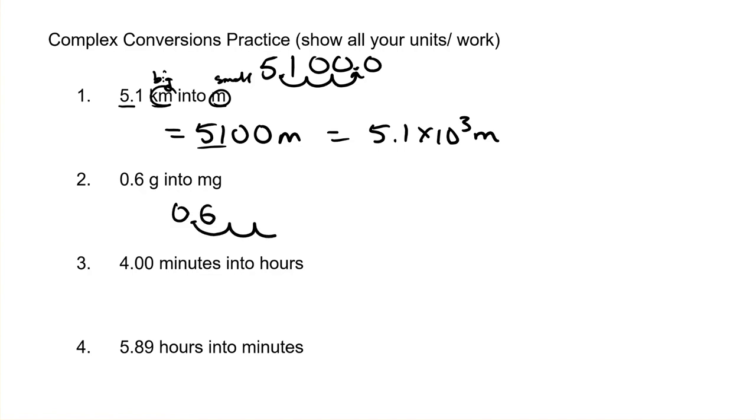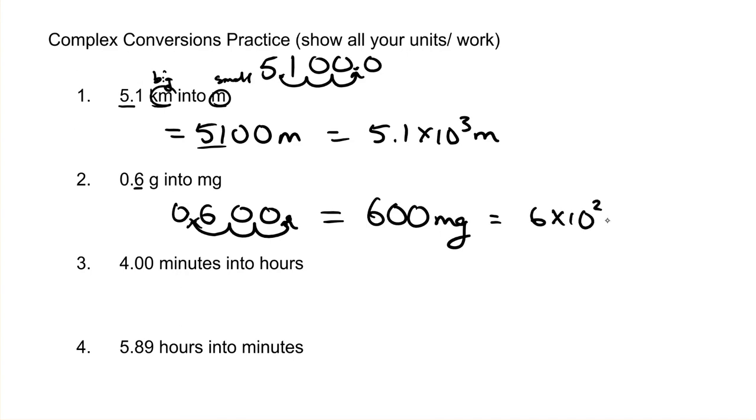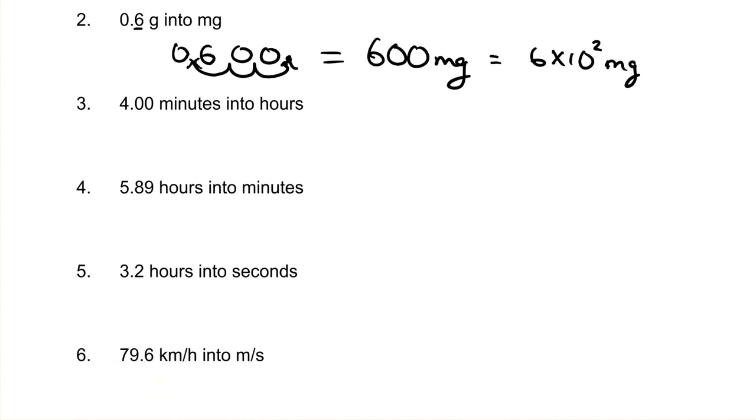So 1, 2, 3. It goes there. 0, 0. So the decimal place is no longer here. It's here now. So that's 600 milligrams. So 0.6 grams is 600 milligrams. And one significant digit, so really we should be saying 6 times 10 to the 2 milligrams. That's what we should be saying, but we're not particularly worried about that right now.